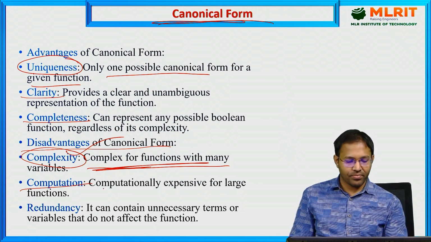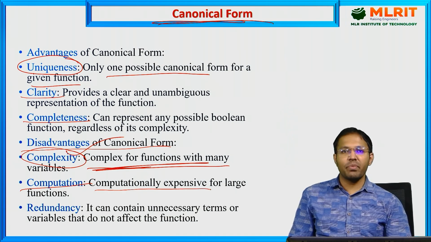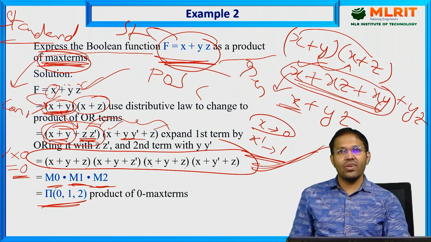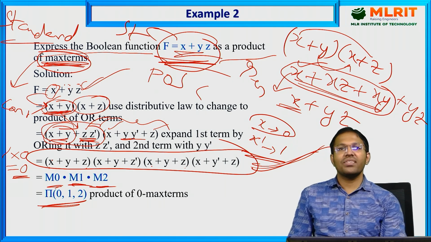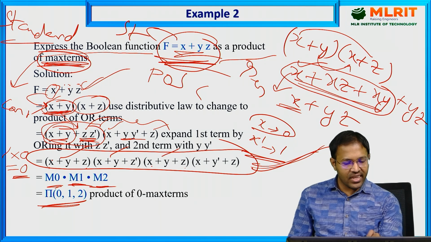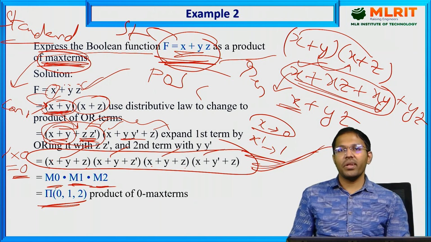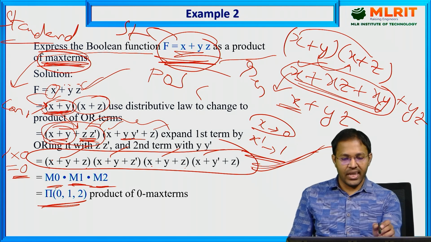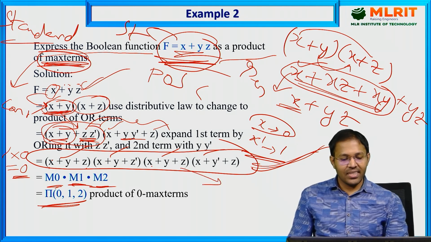Computationally expensive. Which is easier to calculate? X plus y into z, or this, and perform multiplication of all of this. Obviously, this one is complicated.